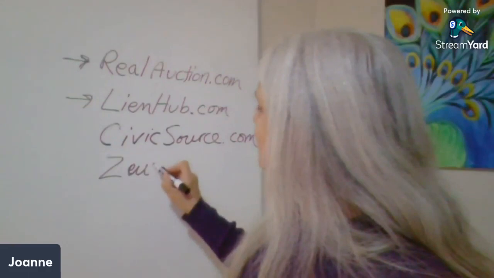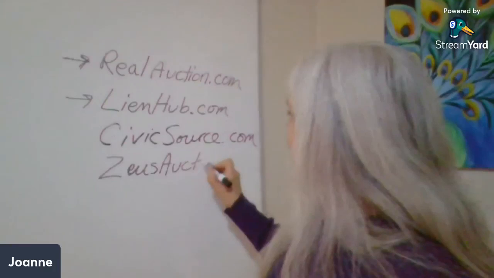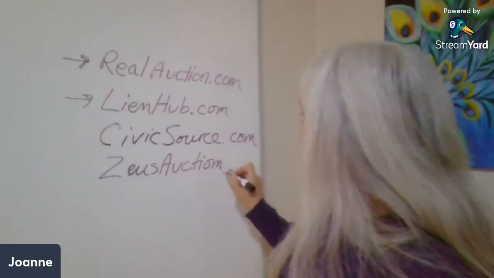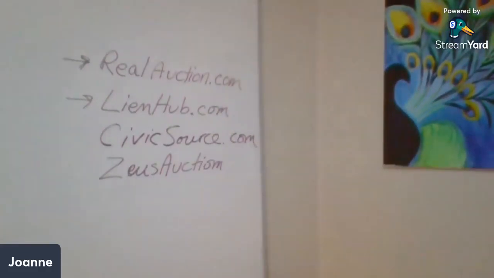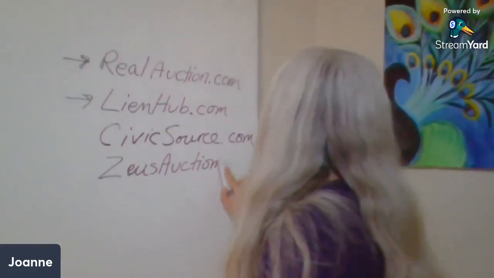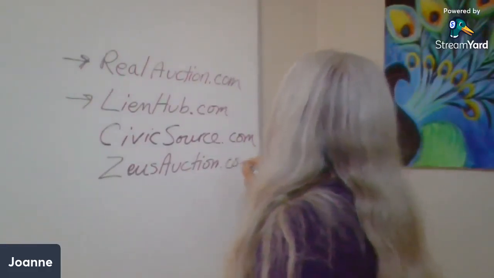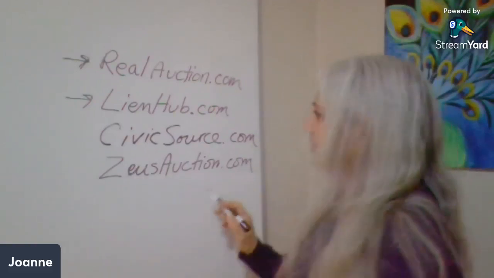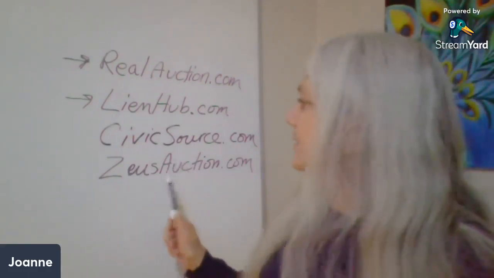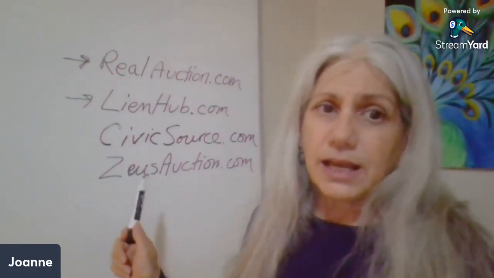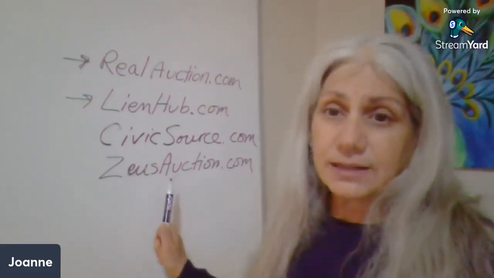It's ZeusAuction.com. Okay, so ZeusAuction.com is powered by SRI Auctions, and they did all of the Indiana tax sales. And Zeus Auction was the platform for their online Indiana sales.